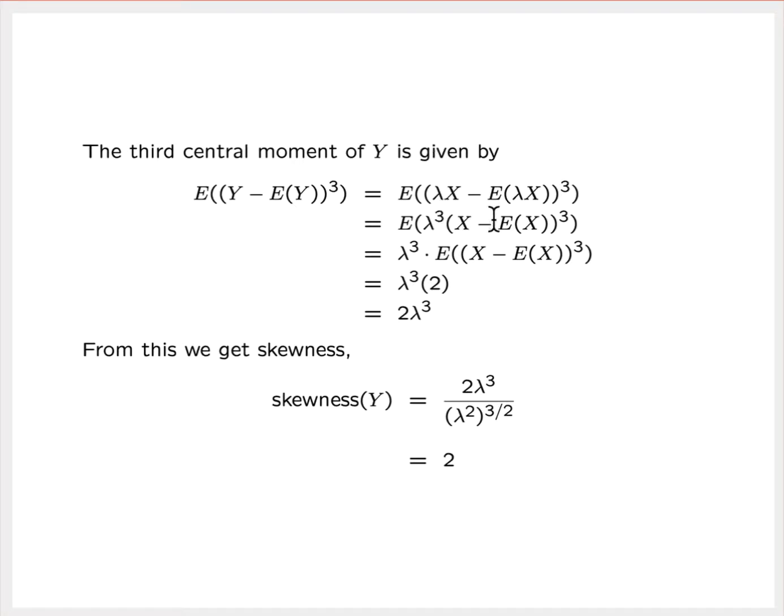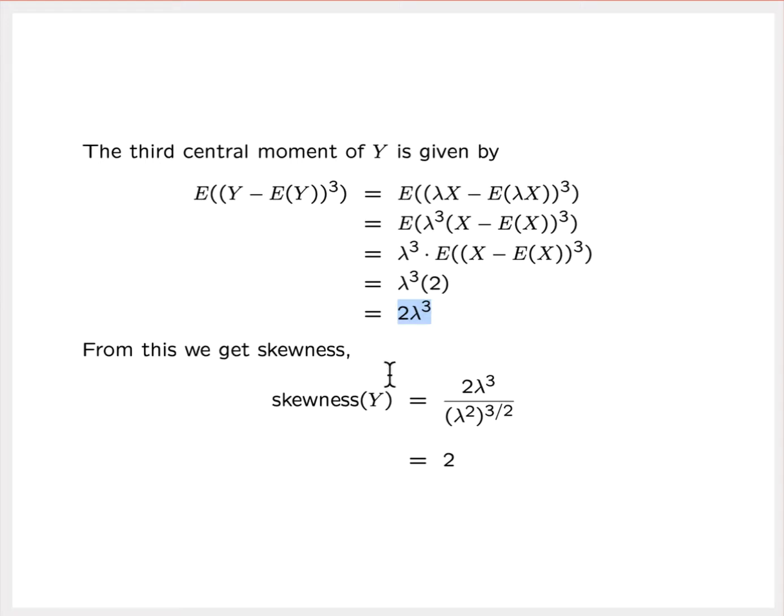Again, we can factor out the lambda, and because we have an exponent of 3 here, the lambda is cubed, and then we can pull that out because of the linearity of the expectation operator. And so we have lambda cubed times the third central moment of the distribution of x, which we showed to be 2. Okay, and so the third central moment of the general exponential distribution is 2 times lambda cubed.